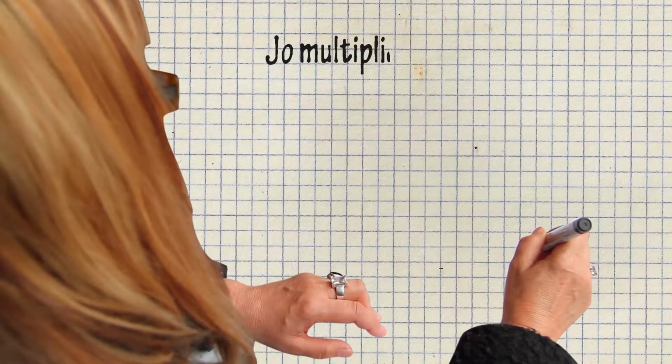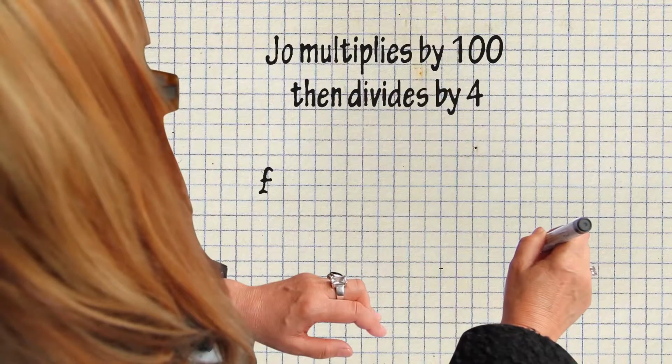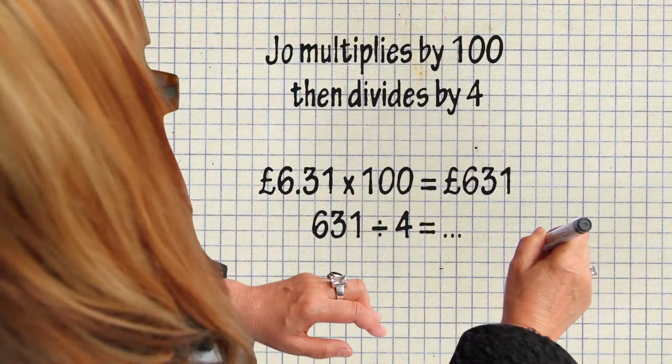Wait, why's she done that? Oh, if you make the £6.31 100 times bigger and then divide by 4, it's the same as multiplying by 25.